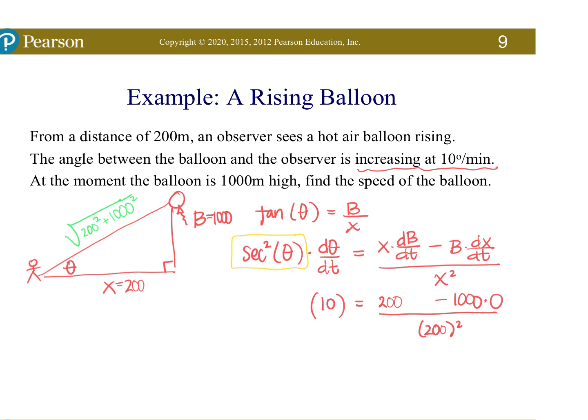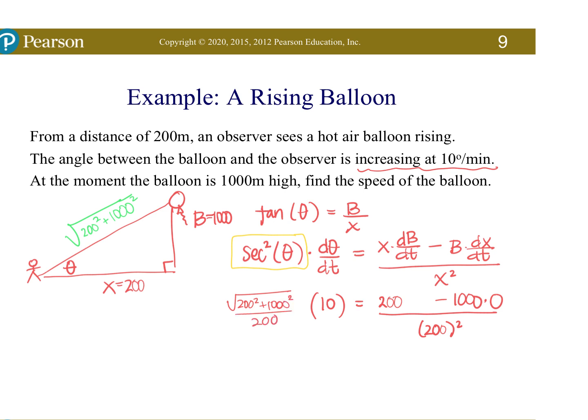So if cosine is adjacent over hypotenuse, what is secant? Hypotenuse over adjacent. And I want secant and I want it squared. So the secant is the square root of 200 squared plus 1,000 squared over 200.